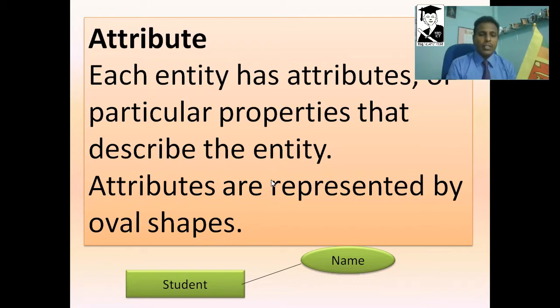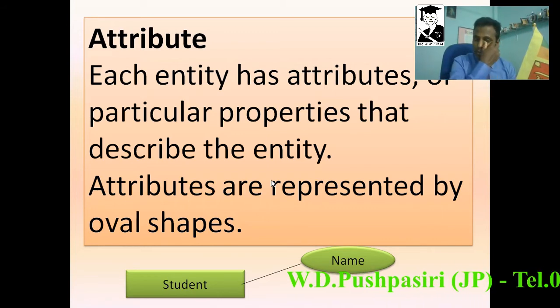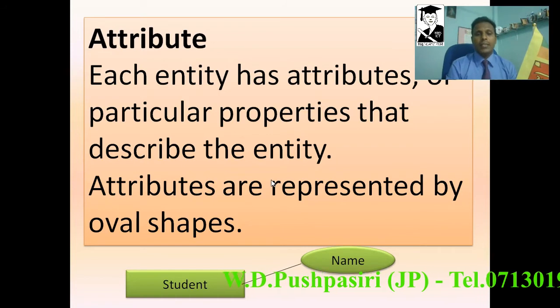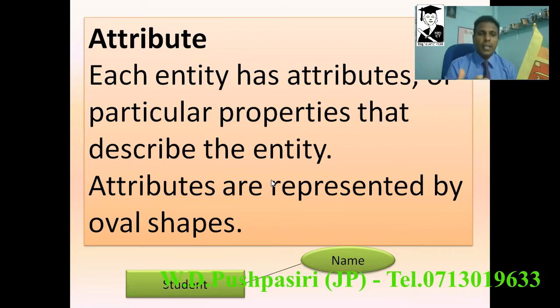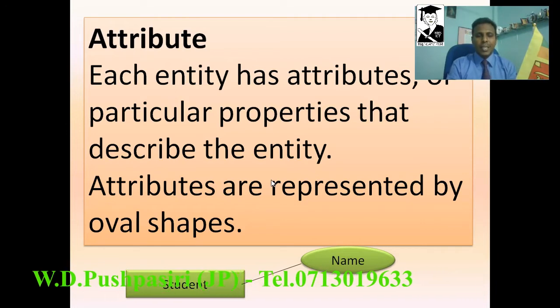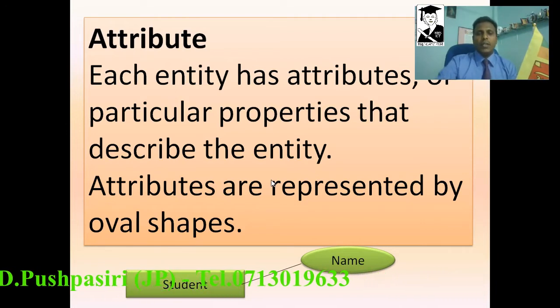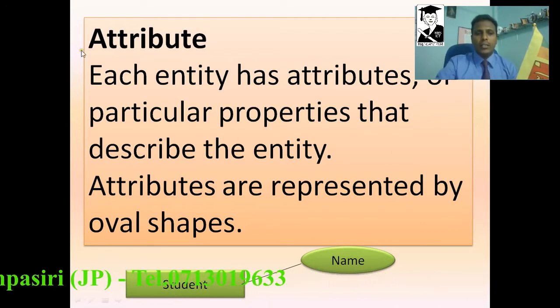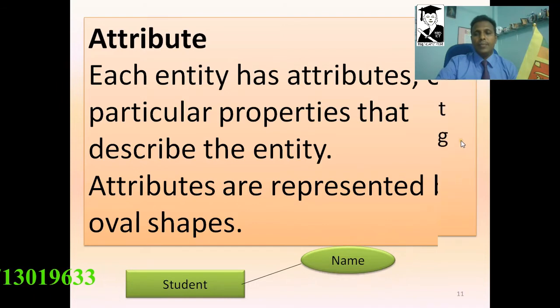For example, student is an entity, and the student's name is an attribute, or we can say age is an attribute, or telephone number of the student will be attributes. So an attribute is a description of the entity, right? The attribute is represented in the ER diagram as an oval.